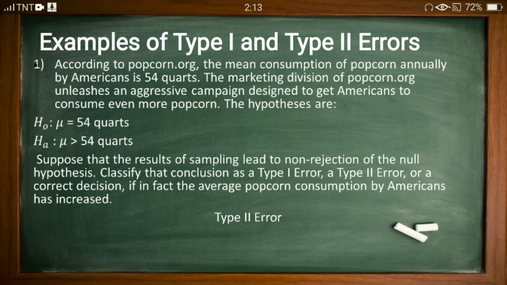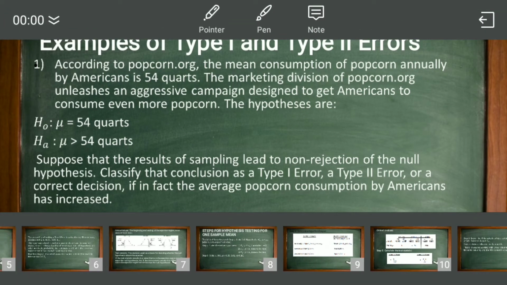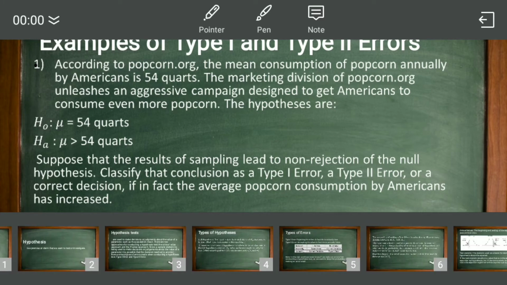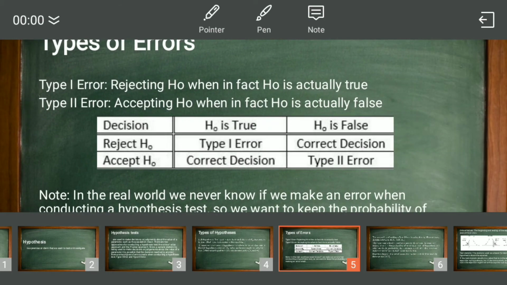Okay, so kung babalikan po natin yung illustration po kanina, meron po tayo dyan, decision, reject, and accept. So yun nga po yung sabi sa example, leads to non-rejection. So ibig sabihin, magkakaroon tayo ng accept.